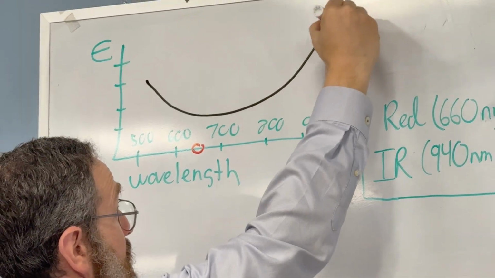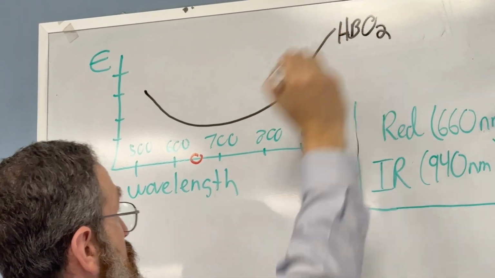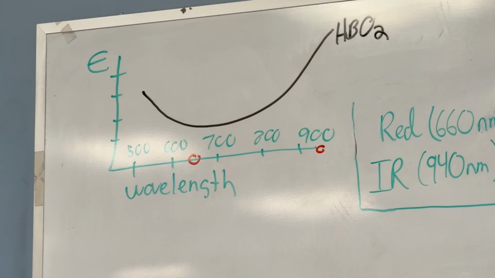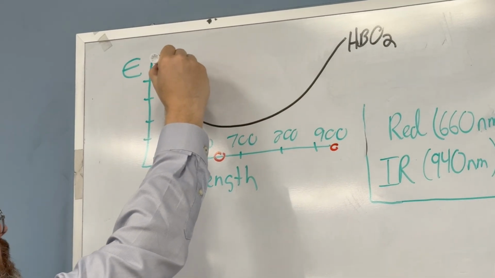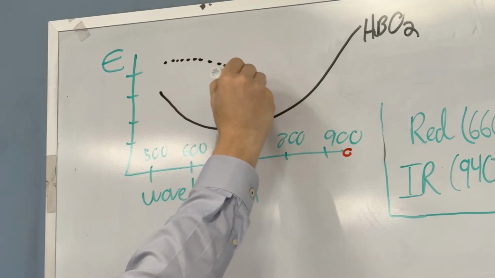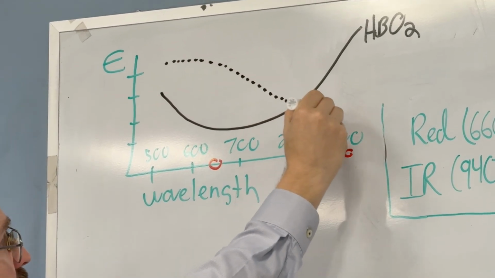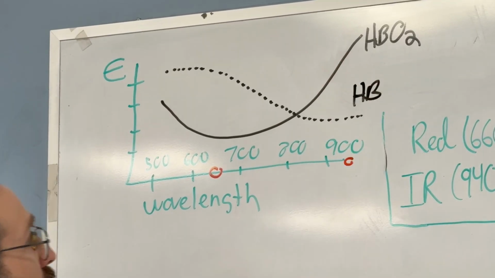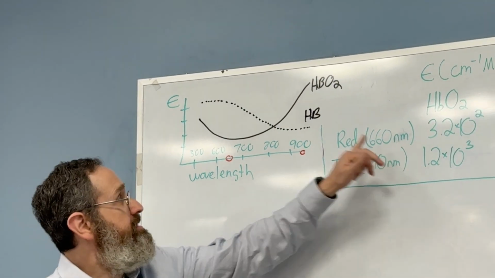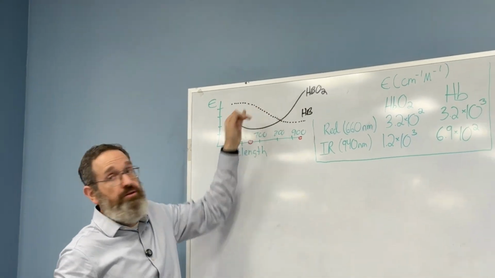So this is going to be HbO2. I'm drawing this roughly. And deoxyhemoglobin would look something like this. So this is Hb.